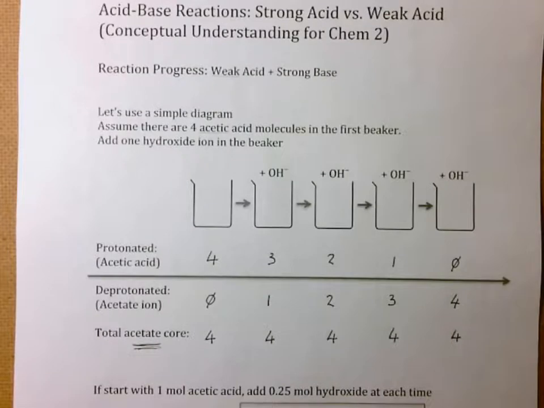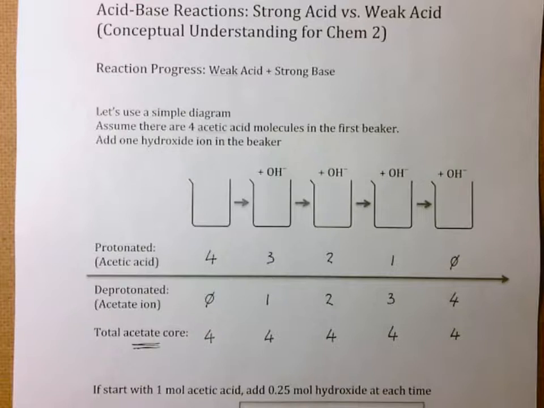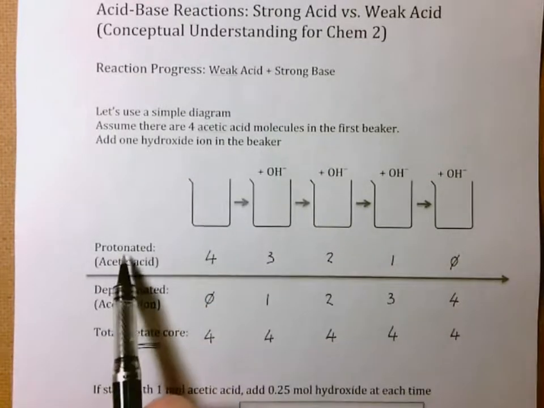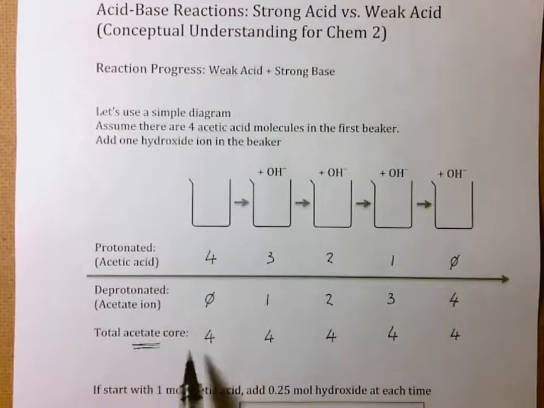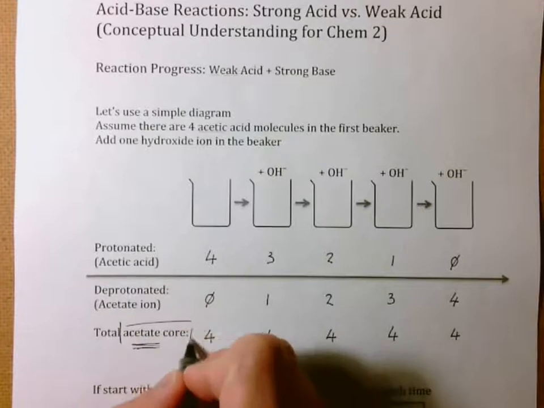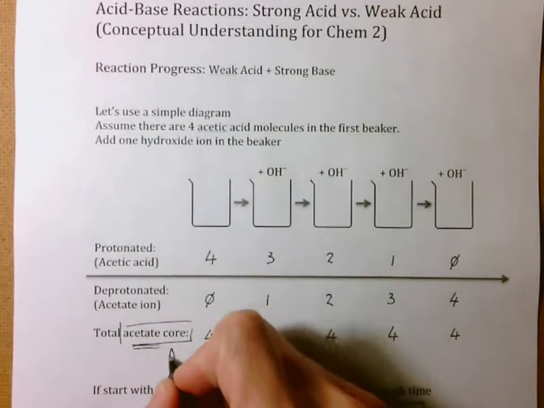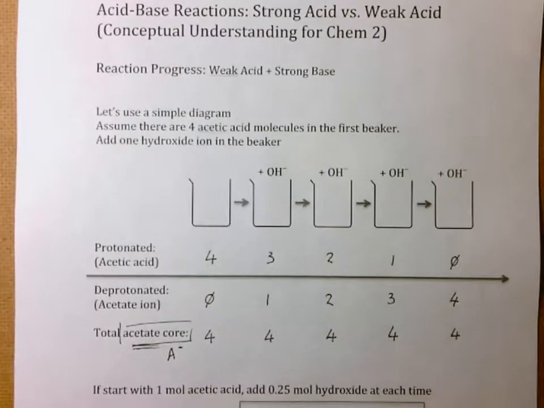So this is a huge difference compared to a strong acid, strong base reaction, in that the protonated form becomes the deprotonated form. The deprotonated form, which I also call acetate core, is the anion, the A minus. So ultimately, how many A minuses hold on to a proton? That becomes the acetic acid.